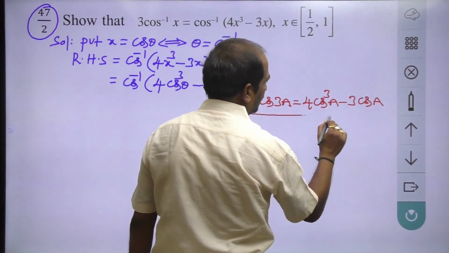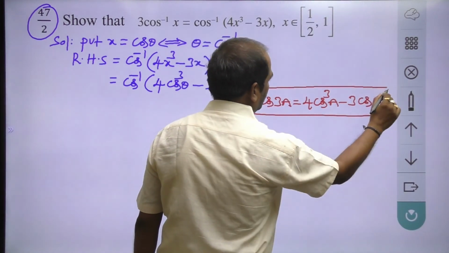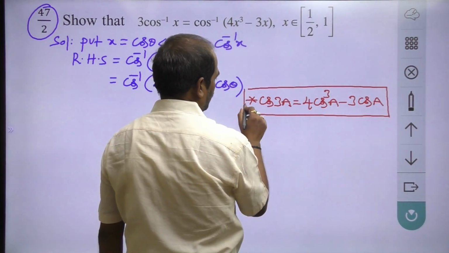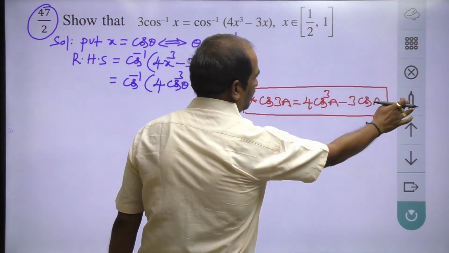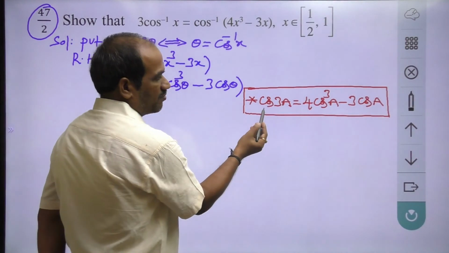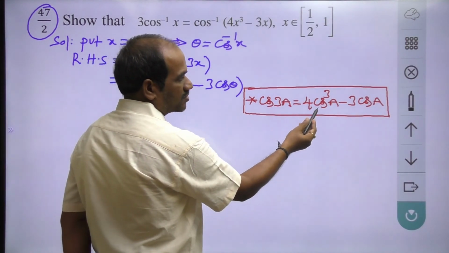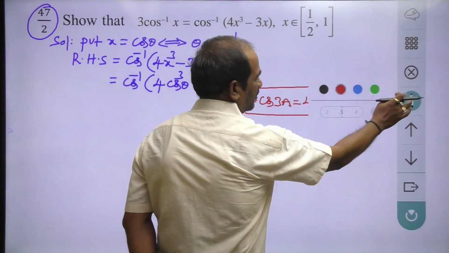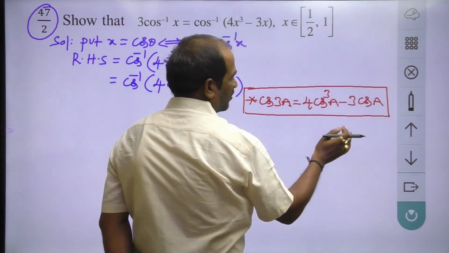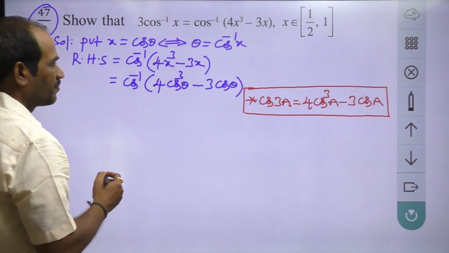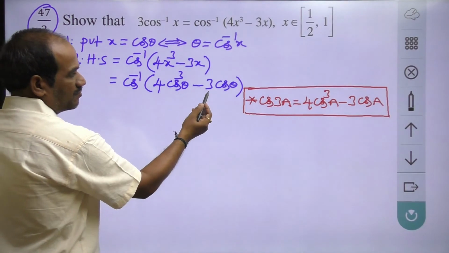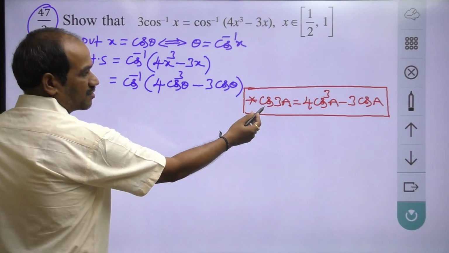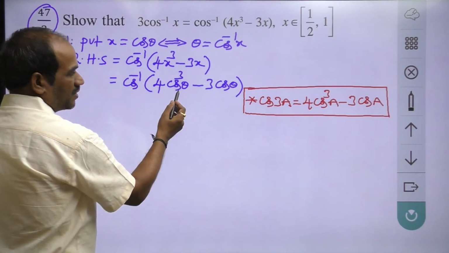This is the formula. Cos 3a is equal to 4 cos cube a minus 3 cos a. Apply this formula here: 4 cos cube theta minus 3 cos theta, that is cos of 3 theta.